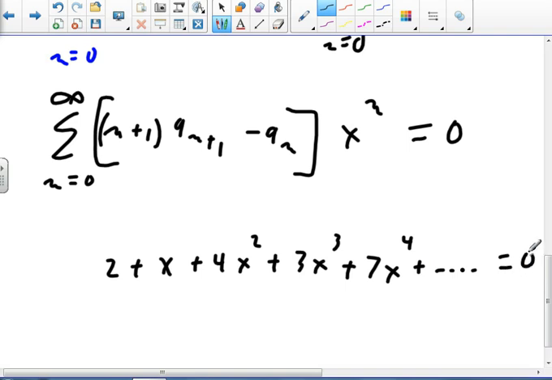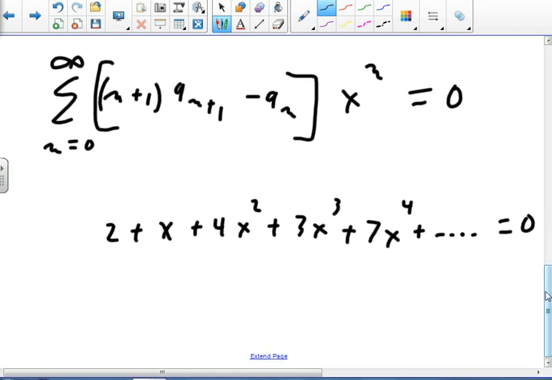And I say that's equal to 0. What do we know? Is there anything that we know? Well, we know that these guys are linearly independent of each other, right? So how in the world are they going to be equal to 0?